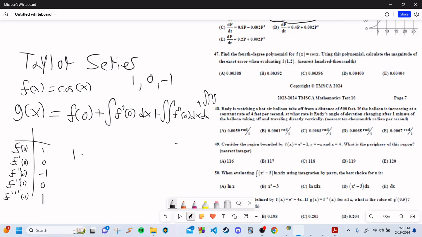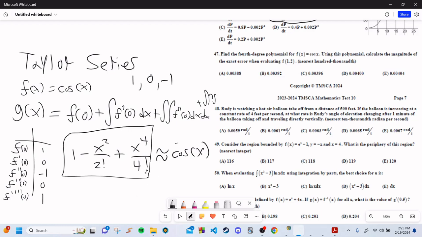This is going to be 1 minus x squared over 2 factorial plus x to the fourth over 4 factorial. This is approximately cosine of x. And so this is our approximation.